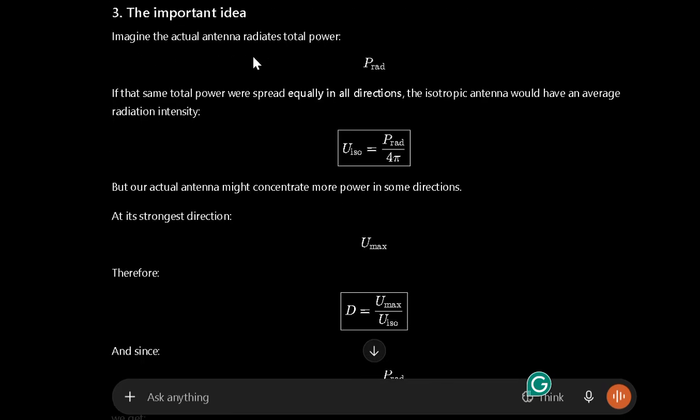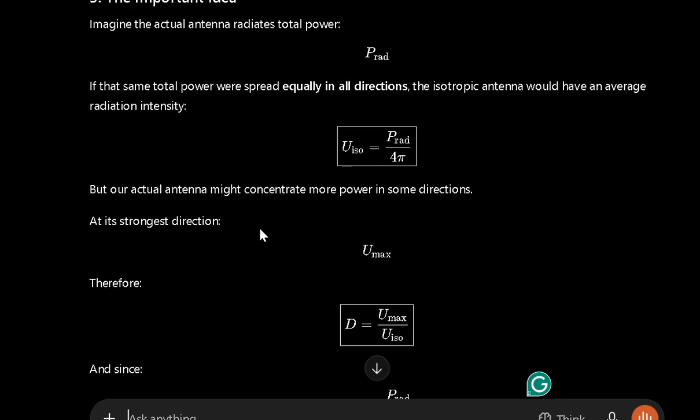Imagine the actual antenna radiates total power P_rad. If the same total power were spread equally in all directions, the isotropic antenna would have an average radiation intensity U_iso equals P_rad by 4 pi. But our actual antenna might concentrate more power in some direction.